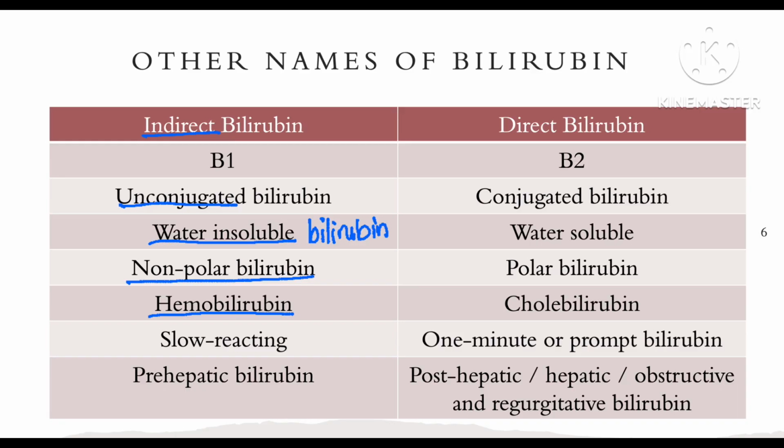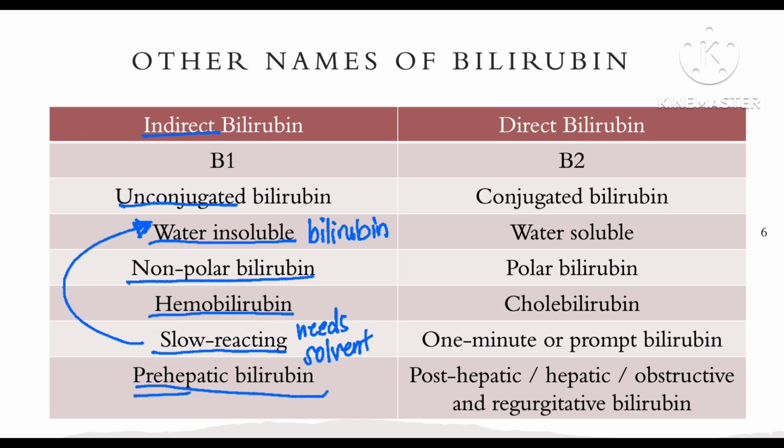Why do you think it's also called slow-reacting bilirubin? Aside from not being water-soluble, it does not react unless alcohol or any other solvent is used in the reaction. And lastly, it can also be known as pre-hepatic bilirubin because it is processed outside of the liver.